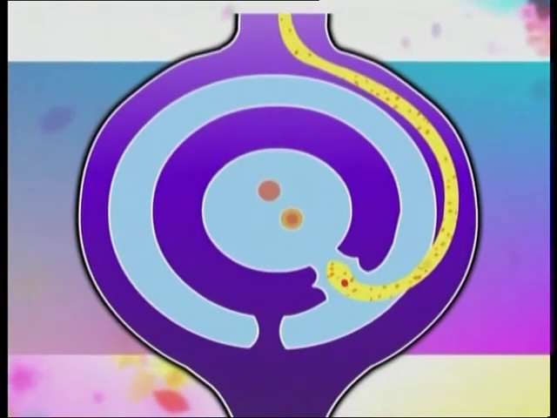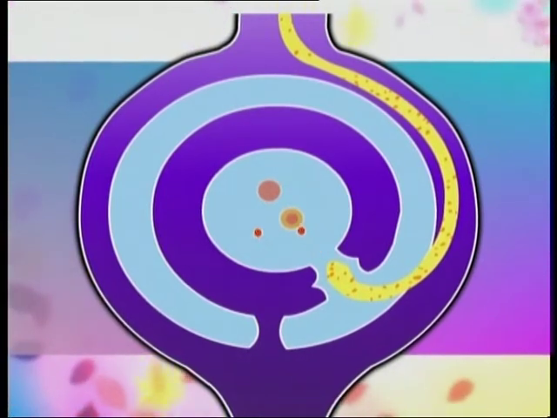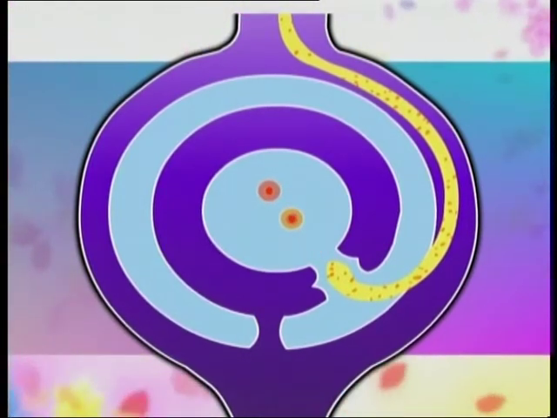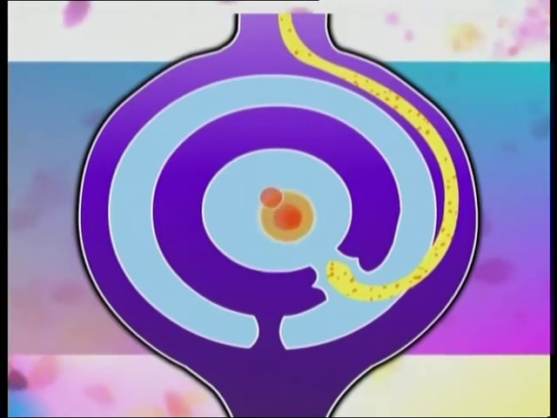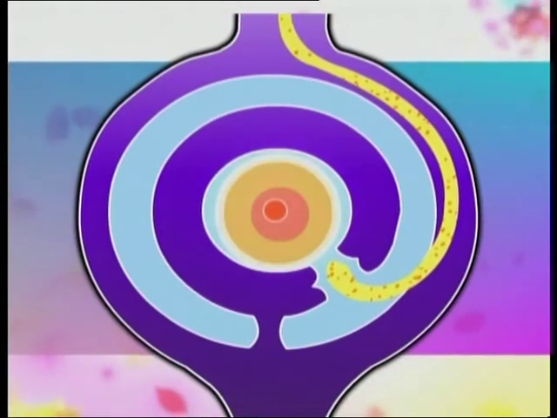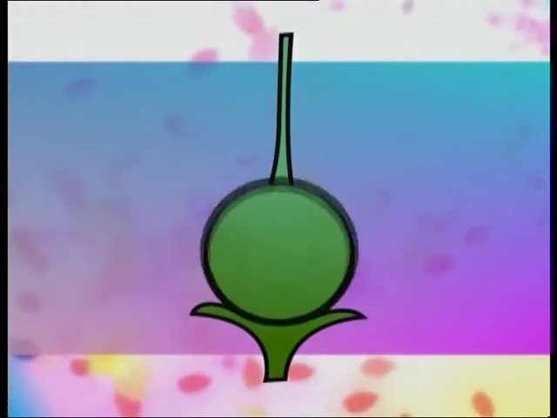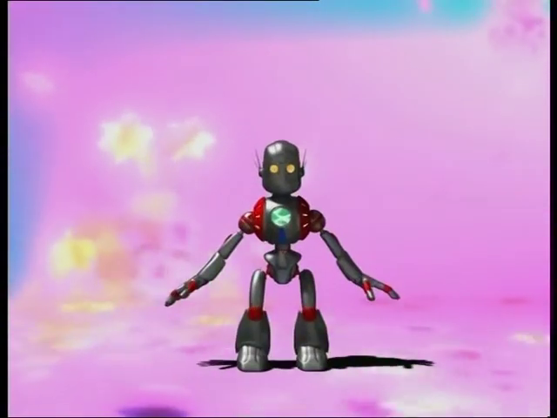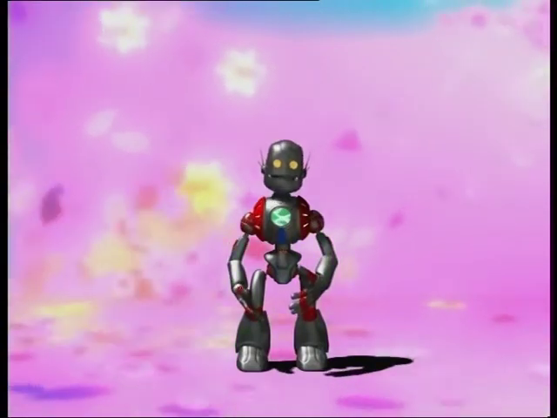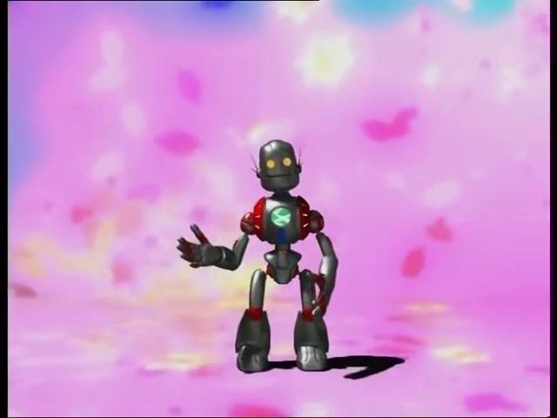The pollen grain joins with an egg in the ovules and the seed begins to grow. This is called fertilization. As the seed grows, the flower dies and the seed falls to the ground and begins to grow into a new plant. Got it? Ah, that's how plants make baby plants.